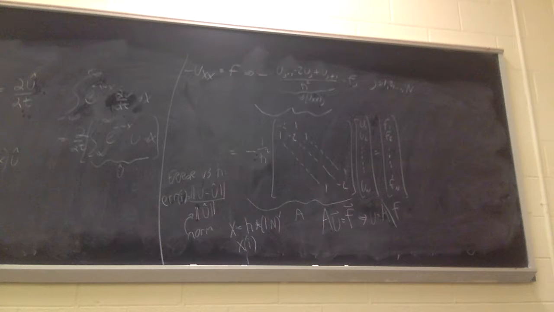Yeah, 2 is on the diagonal, minus 81 above, minus 81 below. Okay. And h squared, 1 over h squared is 81.